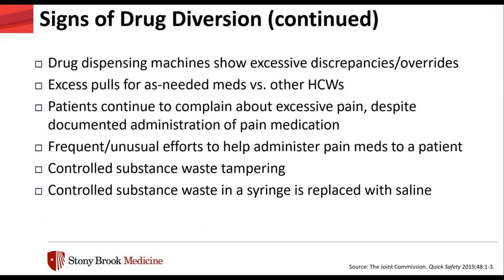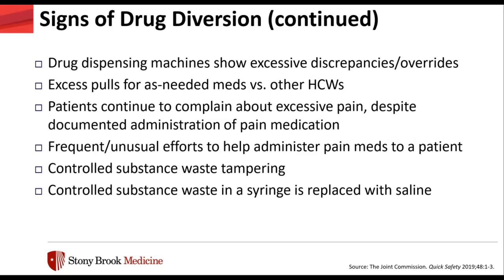Other signs of drug diversion include drug dispensing machines showing excessive discrepancies and overrides, excess pulls for as-needed medications versus other healthcare workers or colleagues, patients continuing to complain about excessive pain despite an individual charting that pain medication was just administered, frequent unusual efforts to help administer pain medications to patients.